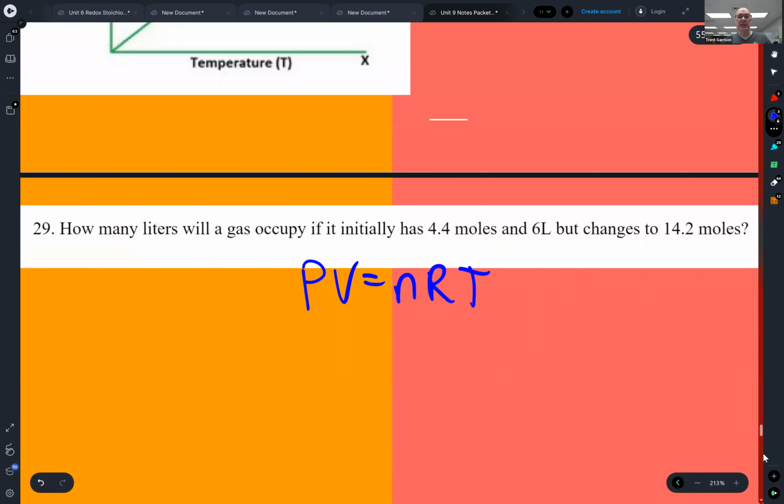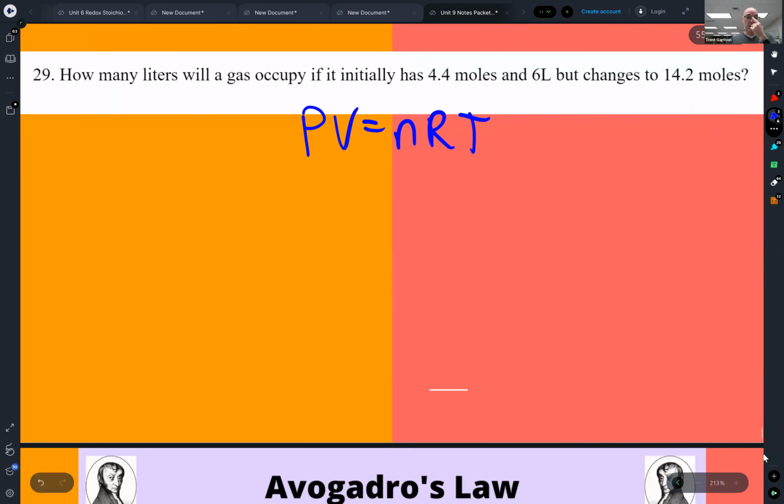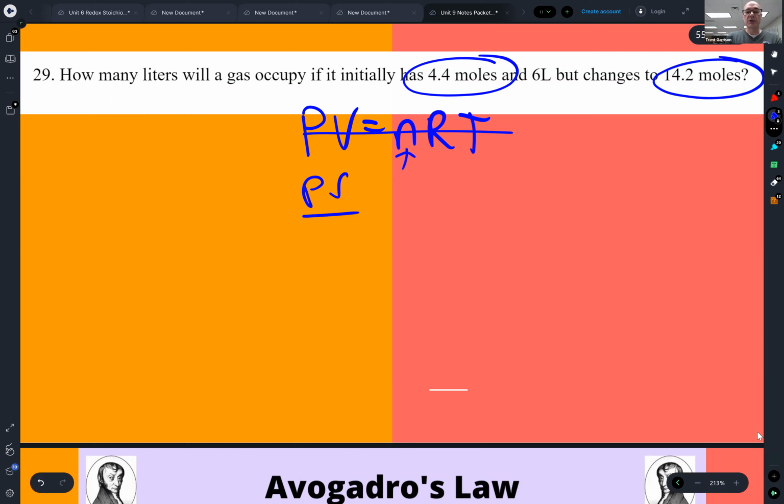And we are going to then look at this example problem. In this example problem, PV equals nRT does not work because there are 2 mole values. There's only 1 mole value here. So we will go with PV over, this time, NT equals PV over NT. I don't have any mention of temperature, so it goes away. And I don't have any mention of a pressure, so it goes away.